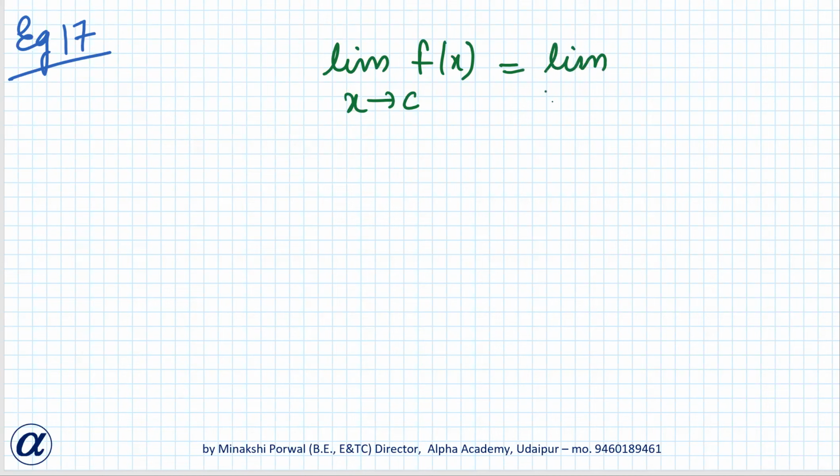If you don't do that, it is also correct. Sin x, and we will write it directly as sin c. They did it by first principle after 3 steps, and then they obtained sin c only. So you can do it directly also.